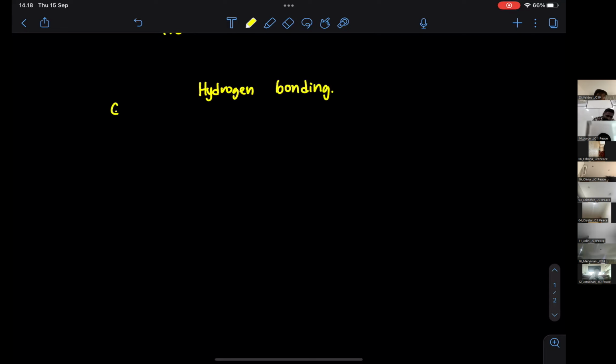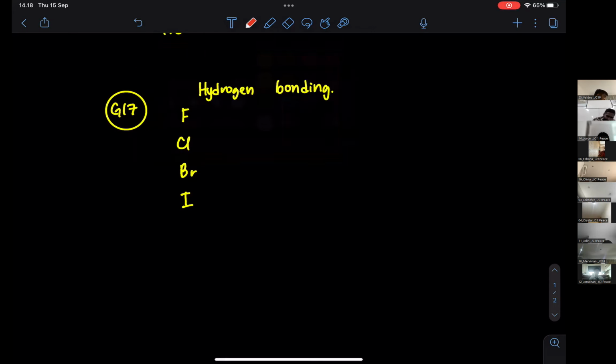When we look at hydrogen bonding, let's say if you look at group 17, we have F, Cl, Br, I, and let's say I'm going to include hydrogen in front, so all these.